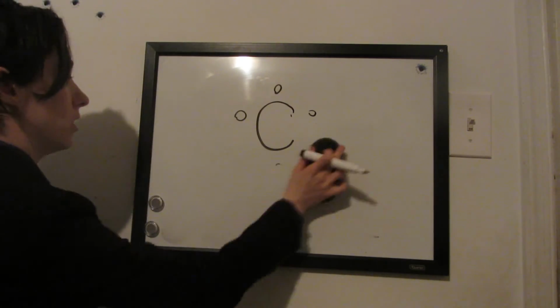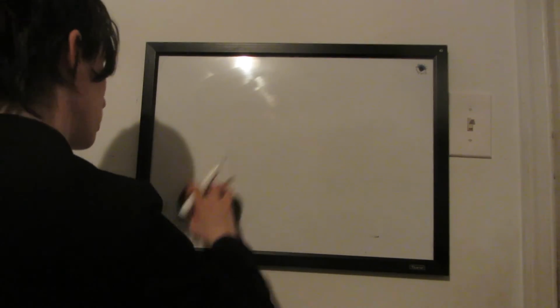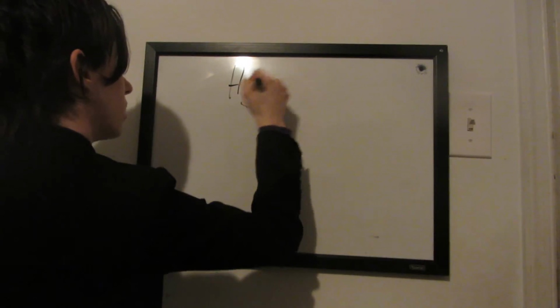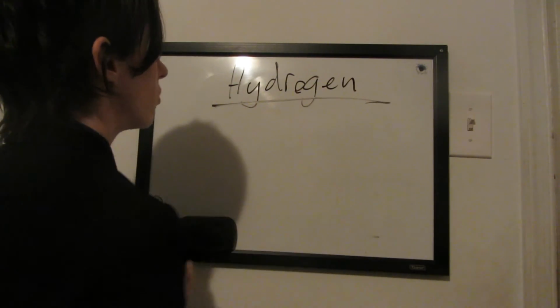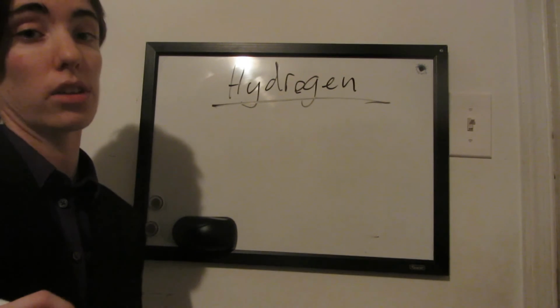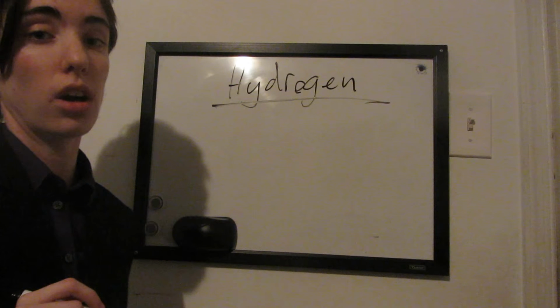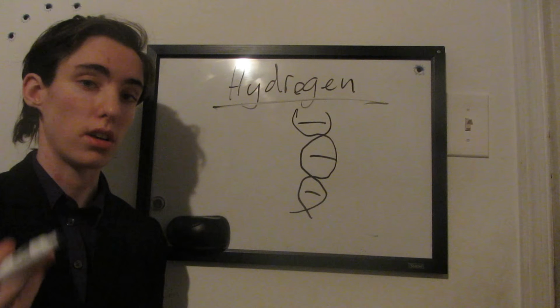And our final bond for the night is hydrogen bonds, which are extremely important for a lot of things. It is what keeps the double helix of our DNA together, along with a variety of other things. So hydrogen bonding is what keeps a water molecule held together, and it is a relatively loose bond.